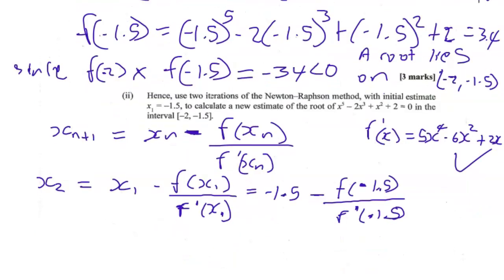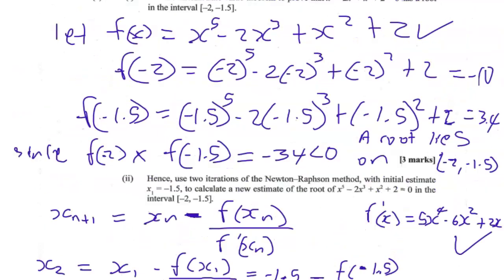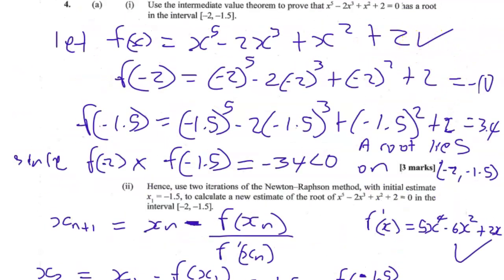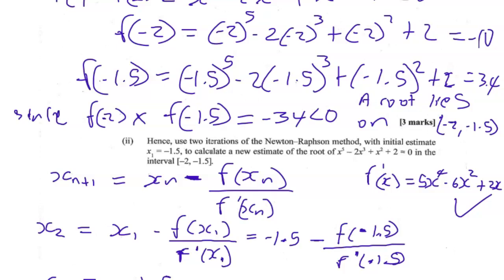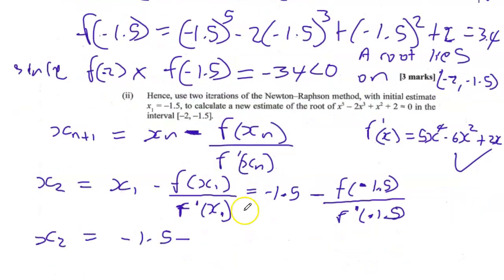Alright, so when we do that, we'll get x2 equal to minus 1.5 over, so when I find f of negative 1.5 by substituting it into this function here, I'm ending up with 3.4.